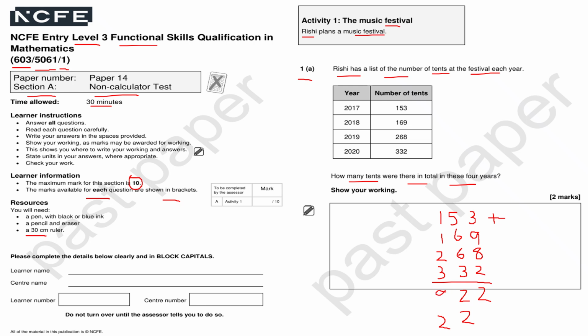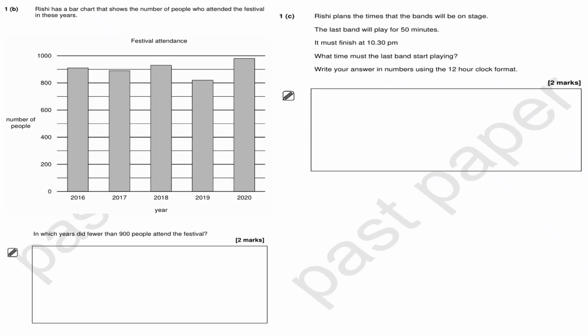Sorry, my mind nearly went blank there, I apologise. So the answer we get is 922 tents in total. That was question 1A complete.